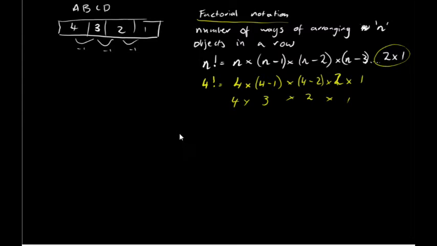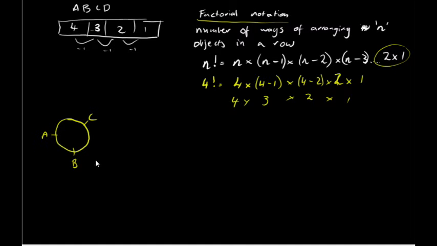Just as an extension on this factorial notation, we've been having a look at arrangements in a row. We're just going to have a quick look at what happens when it's not in a row, when it's in a circle. So I've got A, C, and B, and I'm interested in what happens in a circular arrangement.